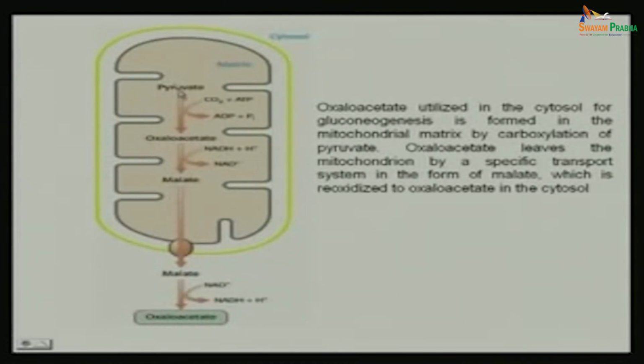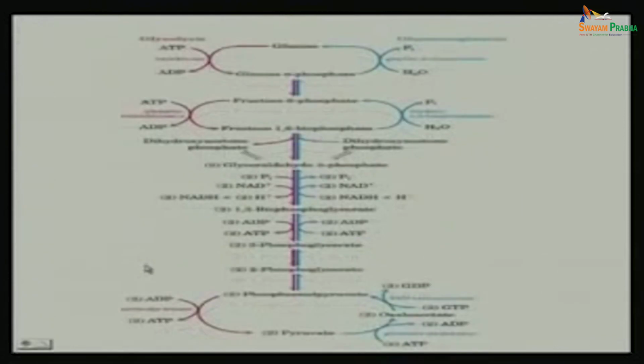So, pyruvate goes to oxaloacetate to malate, and once again this malate comes to the cytoplasmic fluid, and malate to oxaloacetate is produced. This way these reactions go on between the mitochondria and the cytosol. As I have already discussed, this is the reversal of the glycolytic and gluconeogenesis process.